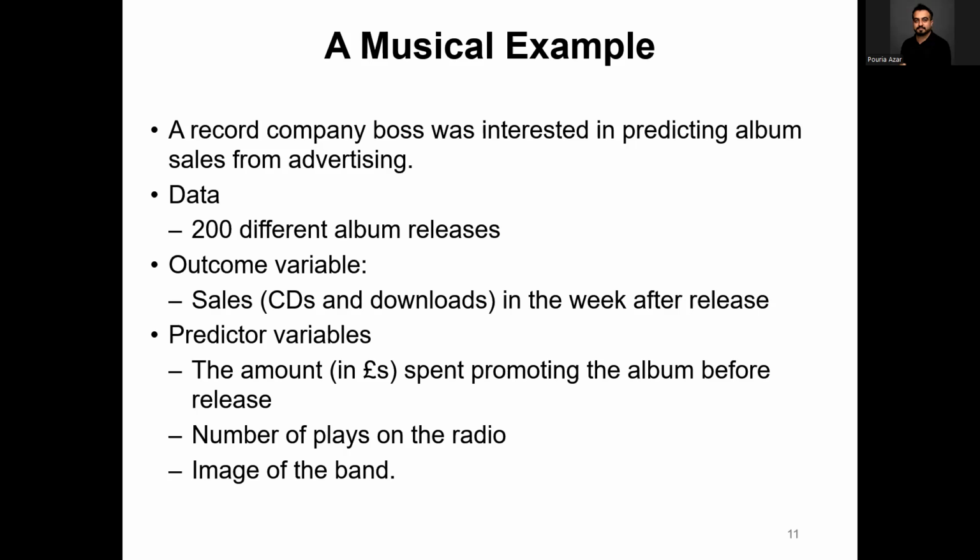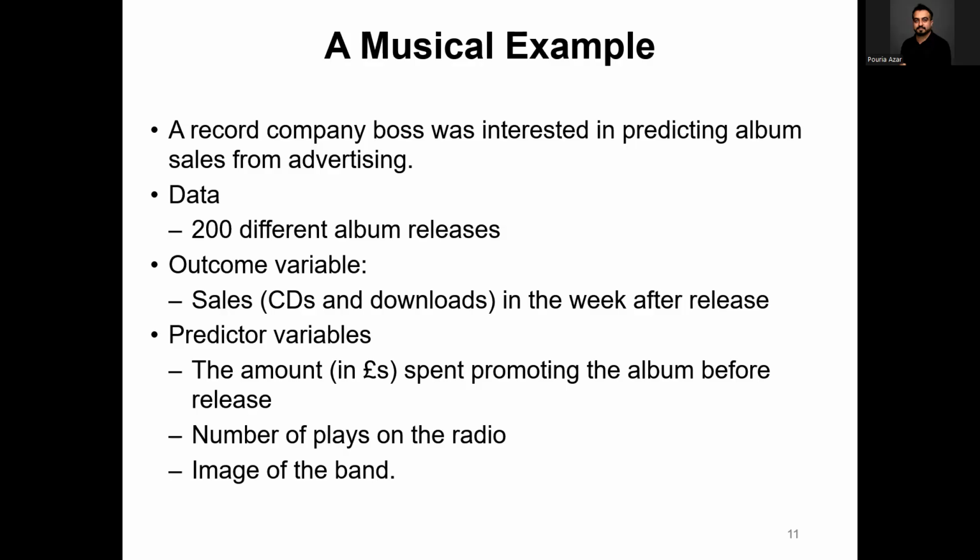So this is an example from your textbook. Let's see. We have 200 different album releases, so our sample size, or n, is 200 in this example. The research question is: a record company boss was interested in predicting album sales from advertising.